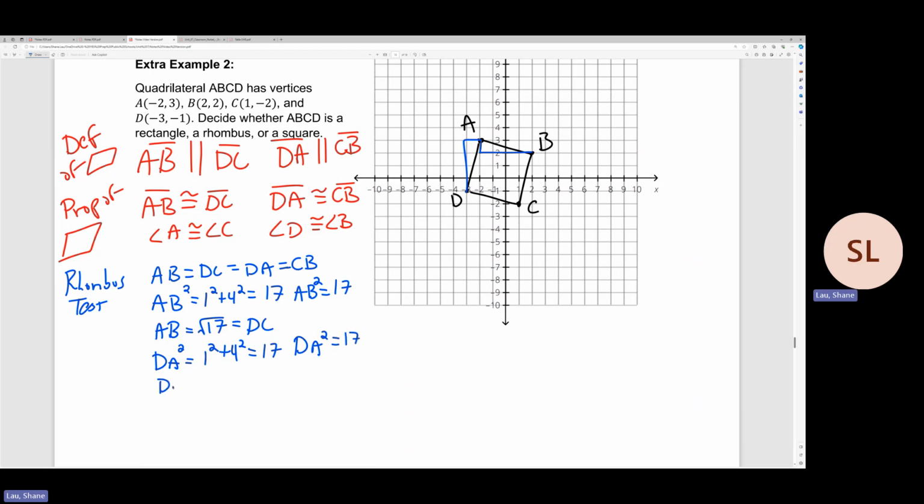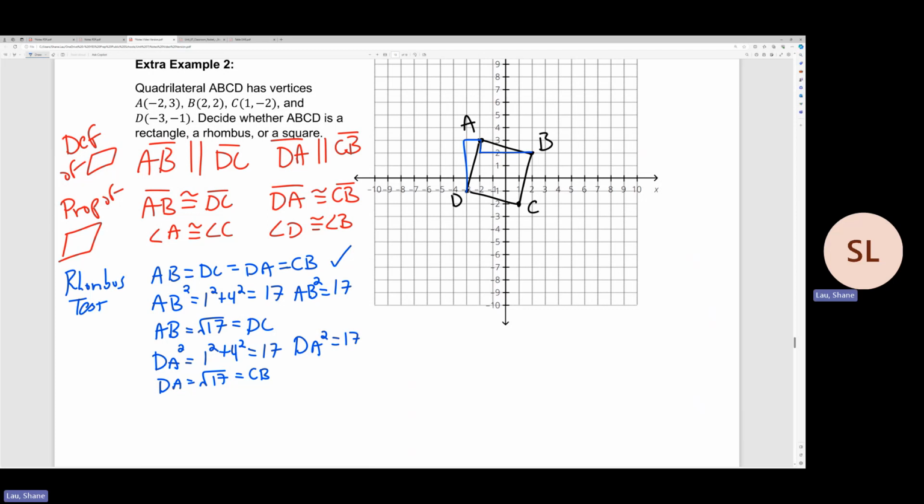And therefore DA equals the square root of 17, which is also true for CB. So CB is also equal to the square root of 17. And through a lot of transitive properties, we know for sure that AB equals DC equals DA equals CB. Therefore, the rhombus test is correct here.